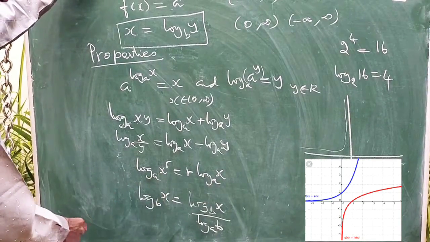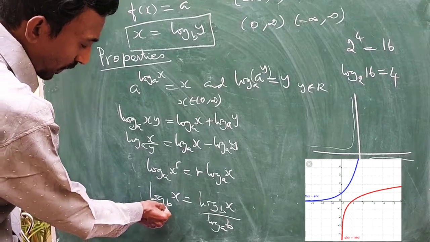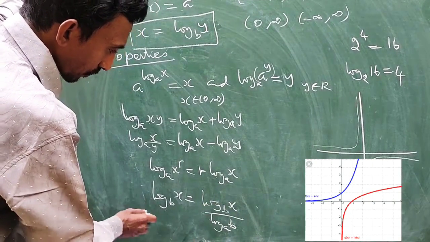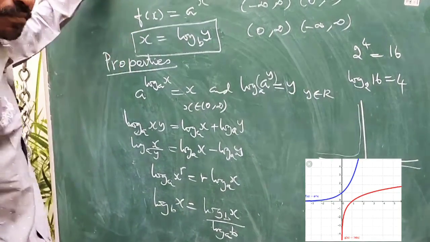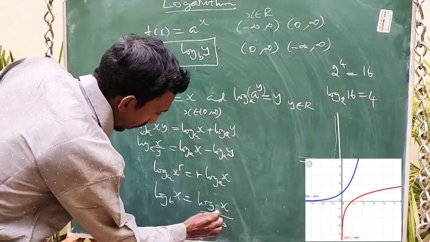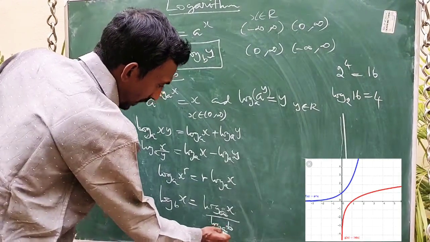It is the power rule. And change of base: log x base b can be written as log x base a divided by log b base a.